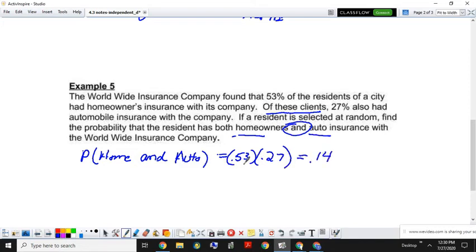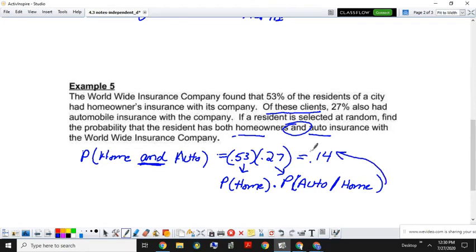In words, this is the probability of home times the probability of auto, given that those people have homeowners insurance. That means that 14% of their clients have both home and auto.